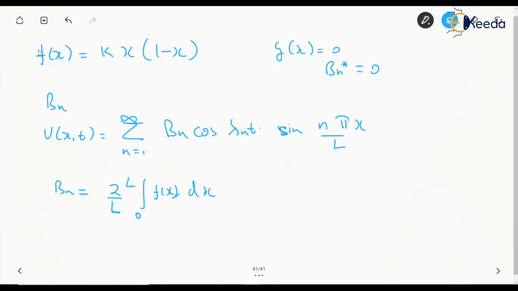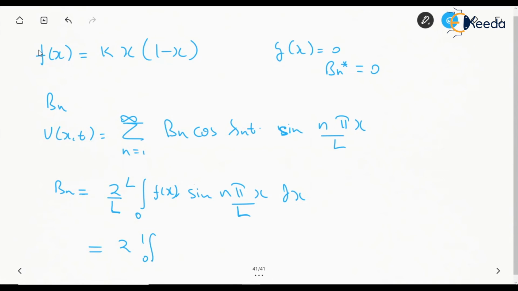dx. This is the value of f of x into sine n pi x by L dx. So we know this L is going to be 1. So this is the part of Fourier series, and all we have to do is find this 2 times integration 0 to 1.